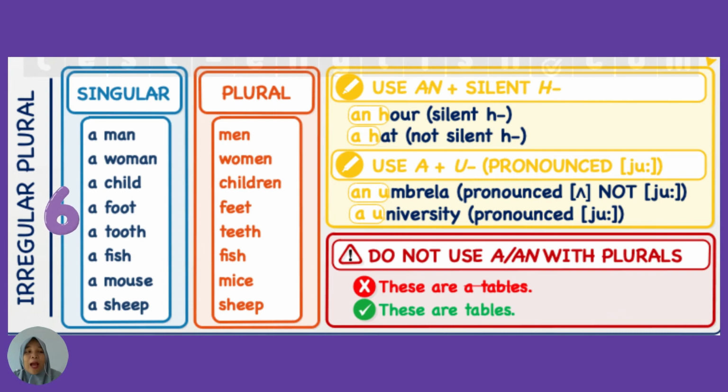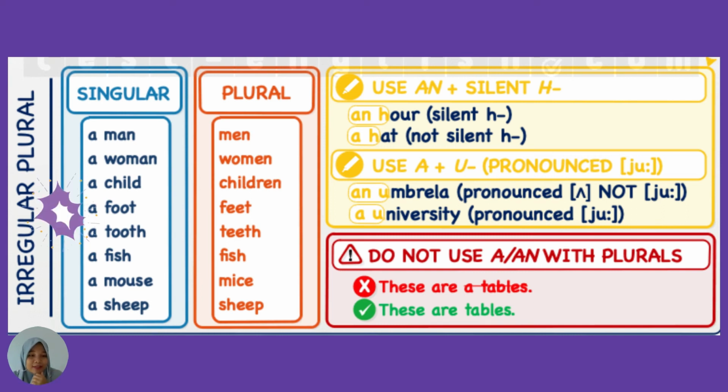Mouse. Mouse is irregular plural noun because it is changed at all. From the singular mouse, become mice in plural. And sheep, it is same in singular and plural. Now, do you get it, the point until here?